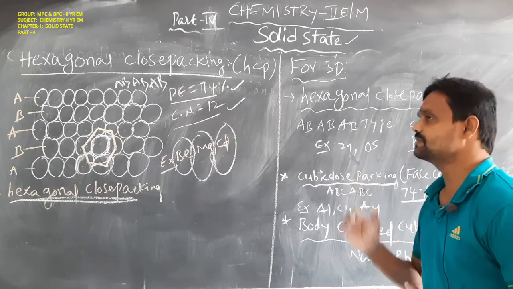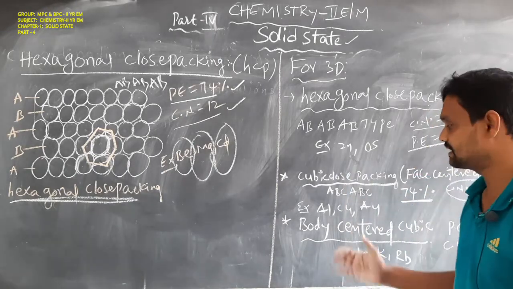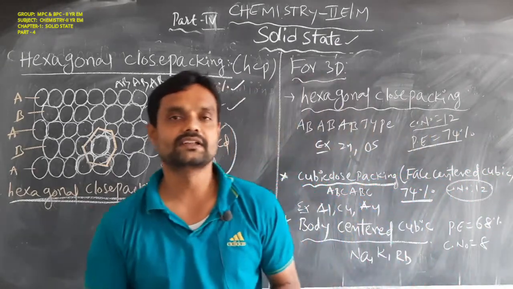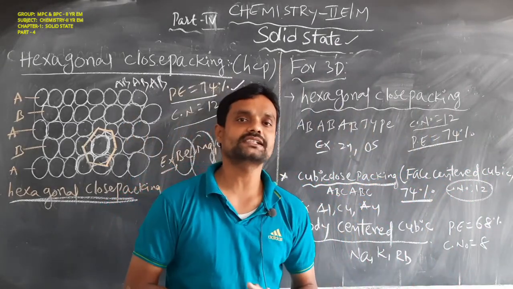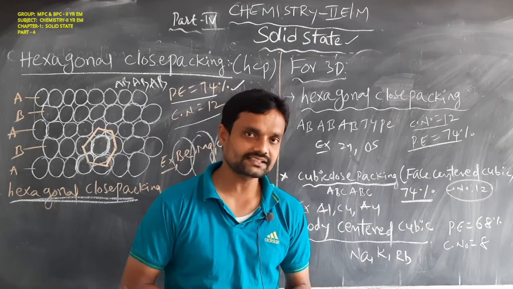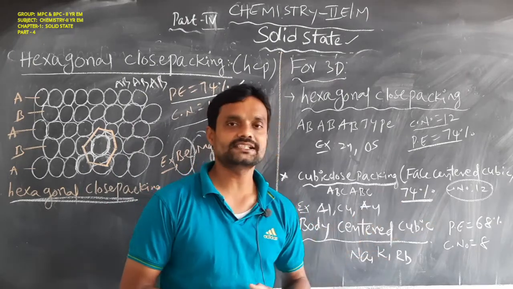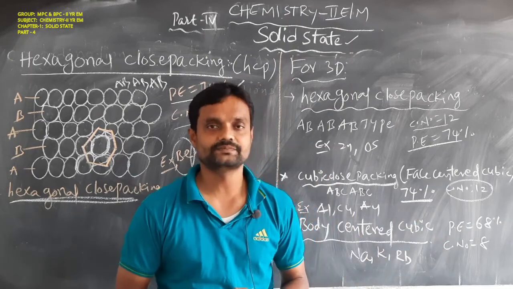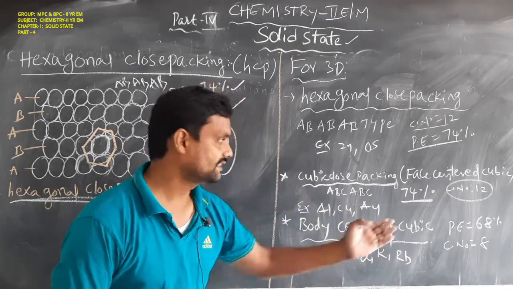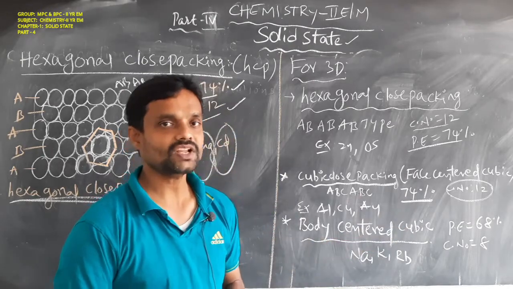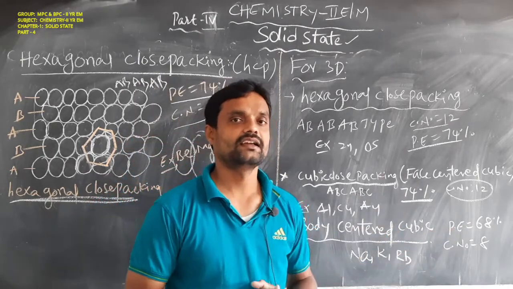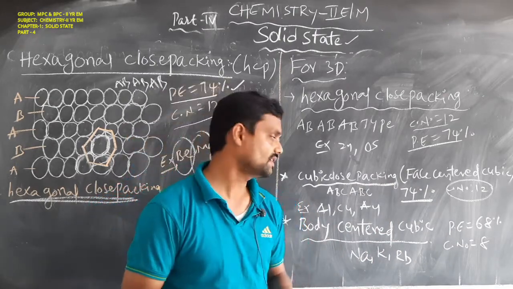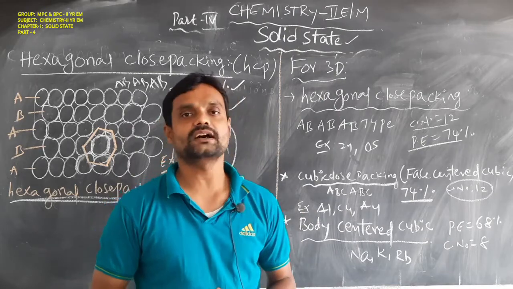Another, third type of three-dimensional arrangement is the body-centered cubic arrangement. When atoms are arranged in the body-centered cubic arrangement in solids, the packing efficiency is 68% and the coordination number is 8. Examples are the metals sodium, potassium, and rubidium, which follow the body-centered cubic arrangement.